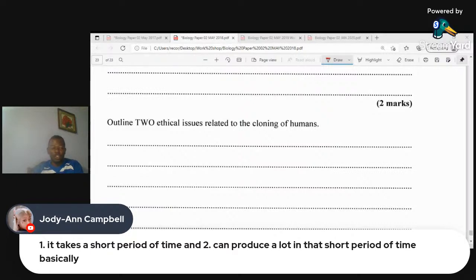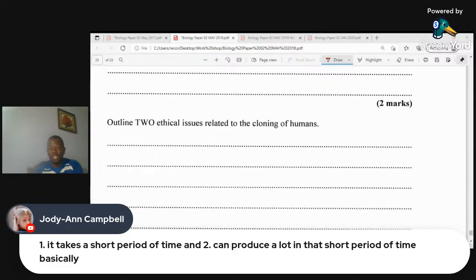All right, good. So when we look at some of the ethical issues of cloning humans, in many countries it is illegal. Some of the risks that are associated, yes, religious is a big thing.